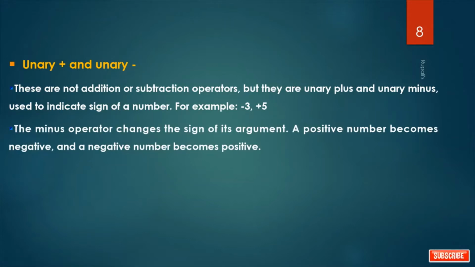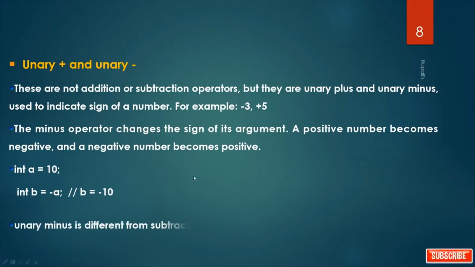A positive number becomes negative and a negative number becomes positive. See, for example, int a equals 10. If I write int b equals minus a, then value of b becomes minus 10. So this minus operator is used for making positive number negative and negative number positive.